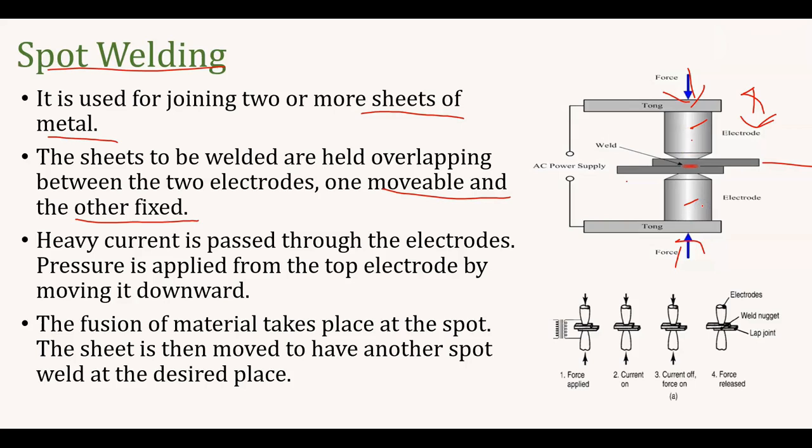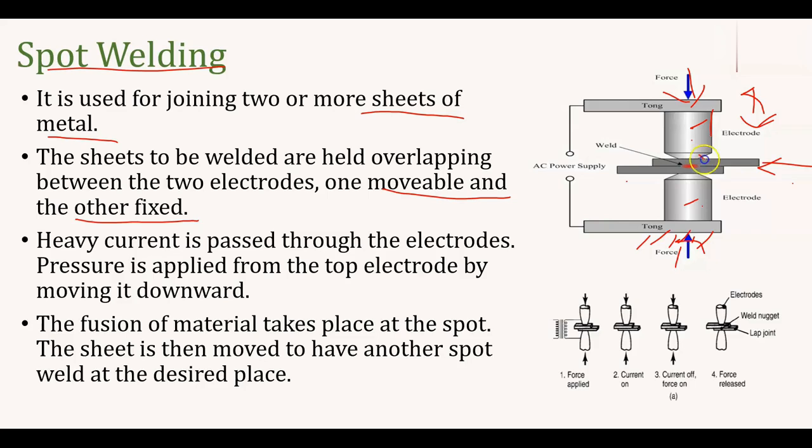This is the fixed electrode and this is the movable electrode. We keep the sheet here, apply the pressure from the top electrode, and switch on the electricity to flow through it.